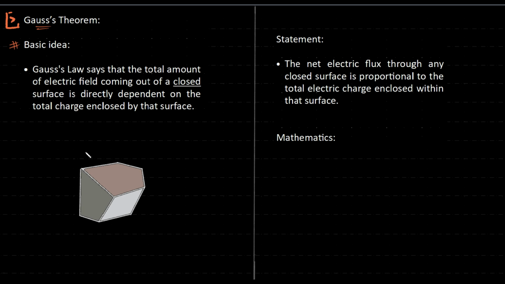If I have a closed surface, like say this, it can be any structure. If I happen to see, say, 2 field lines going in and say 3 field lines coming out, I can definitely tell that the net charge inside this is positive.